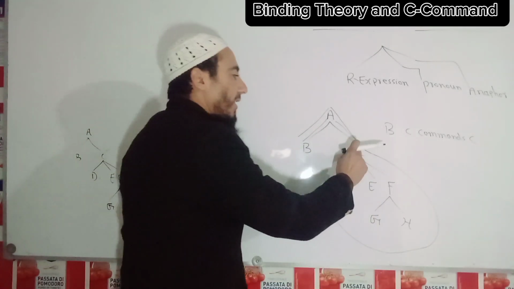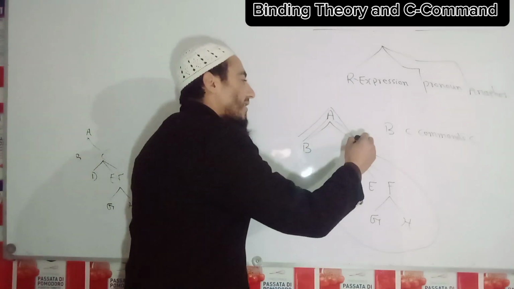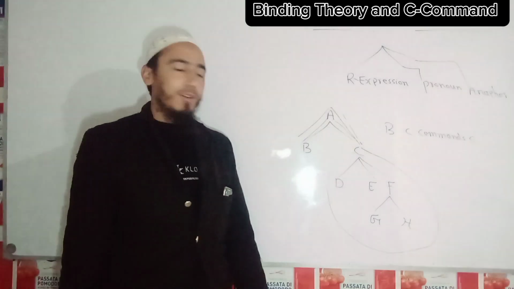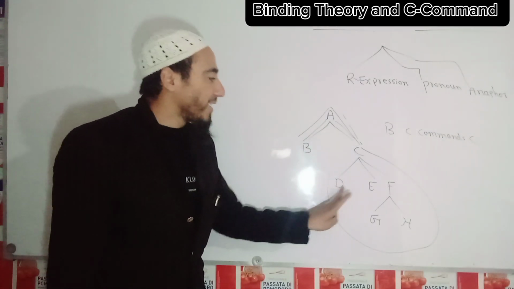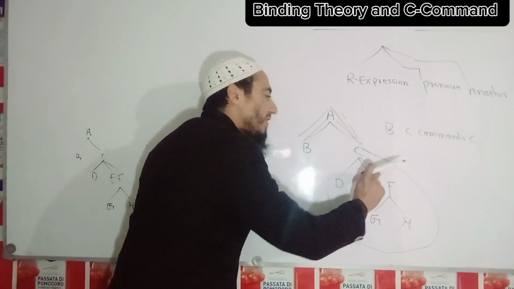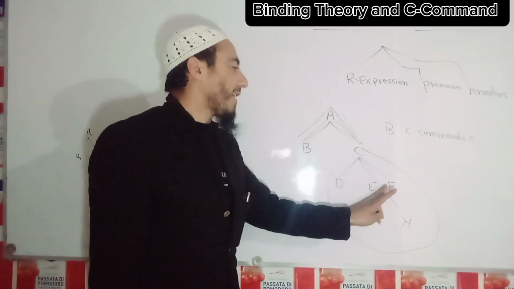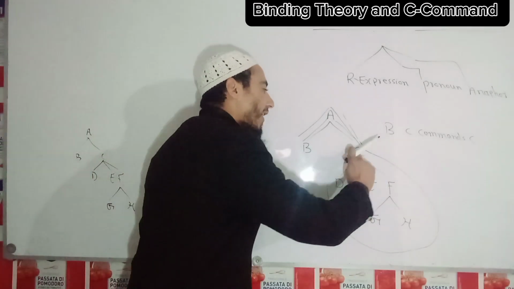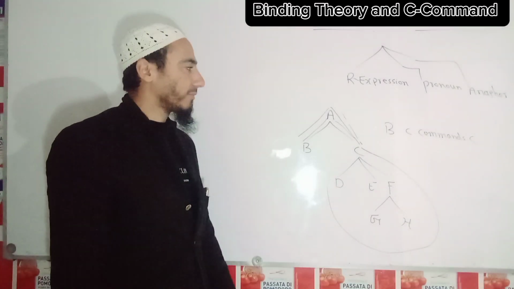Whenever we say C C-commands B, it is because this relation can go up and then down. The same is the case: we can also say that D C-commands E, because the relation goes up and then down. The same is the case when we say D C-commands F, because it goes up and then traces back down.